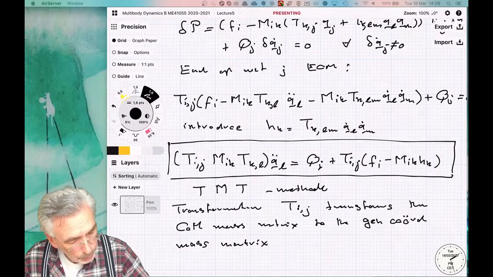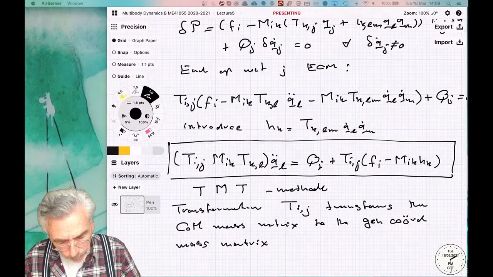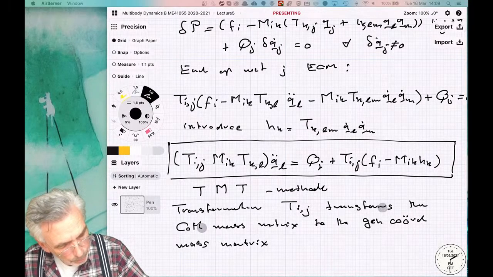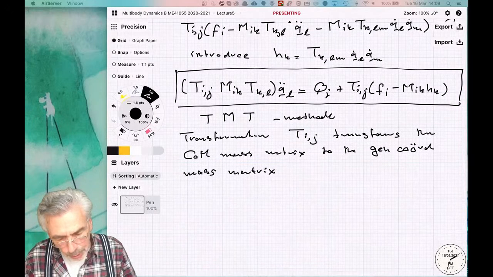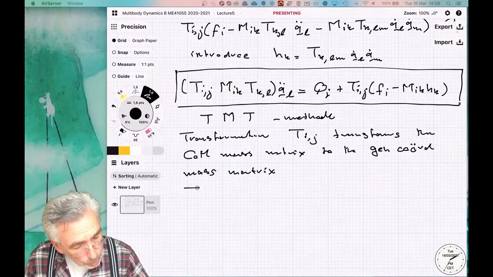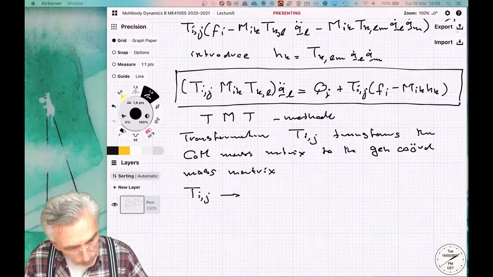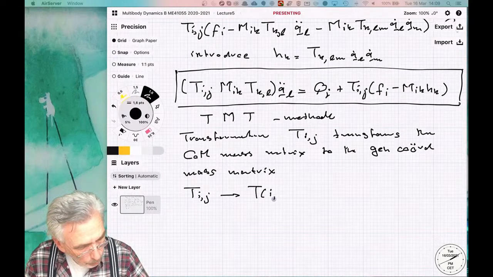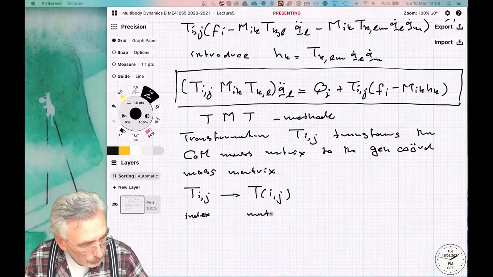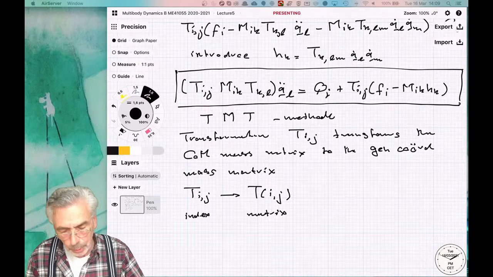Now notice that we can do a mixed notation. So if we now associate Tij with a matrix T, so this is the index notation, and this is the matrix vector thing. So that's the thing which you do in MATLAB.